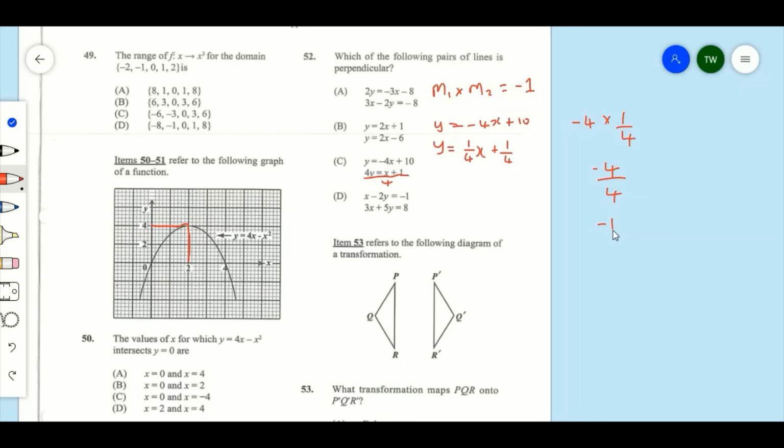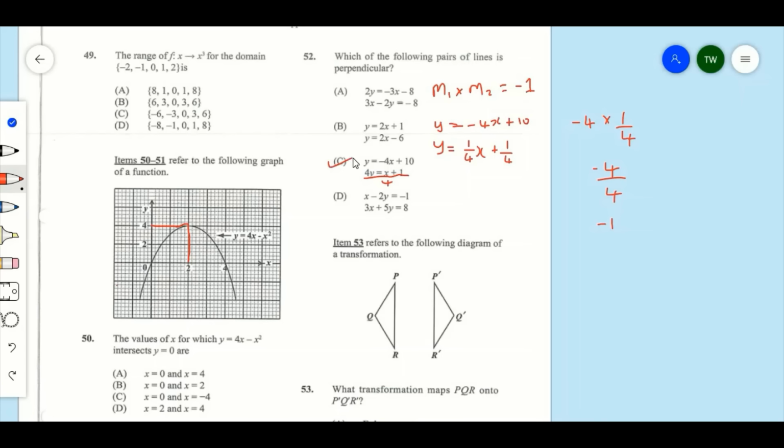So therefore, our answer is going to be C, because it satisfies the condition. So for perpendicular lines, the product of their gradients is equal to -1, or you could say one gradient is the negative inverse of the other.